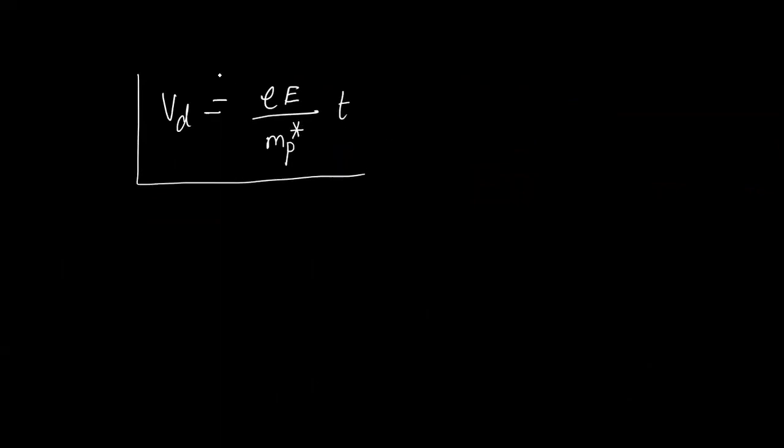This is what we got simply from Newtonian mechanics, F equal to ma equal to eE, and from that we got this. Fine. Now what we will use is, suppose, the mean time between collisions.